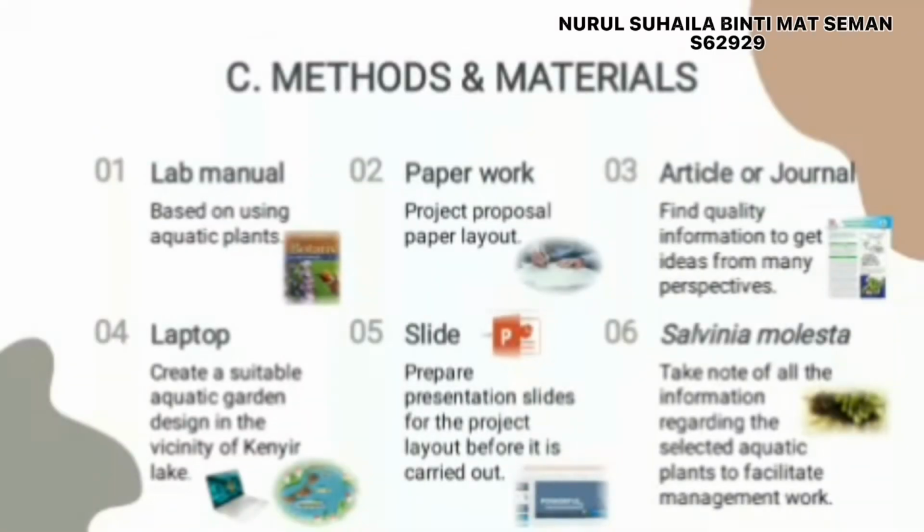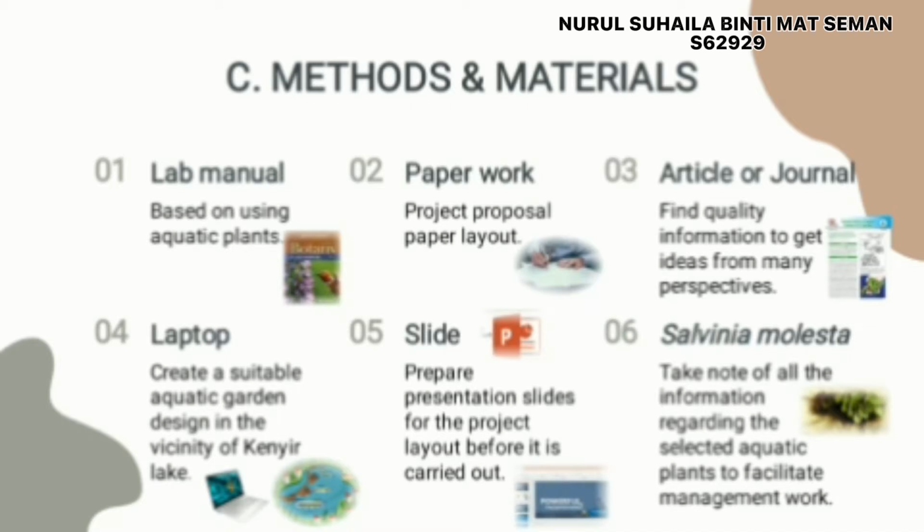For methods and materials, first, we look at the lab manual based on using aquatic plants. Second, we do paperwork for the project proposal paper layout. Third, articles or journals: we use articles or journals to find quality information to get ideas from any perspective.